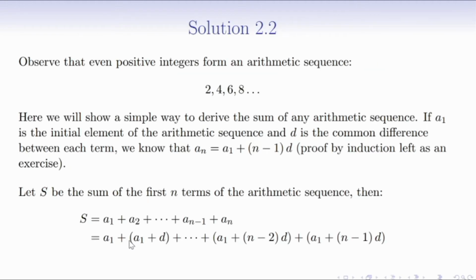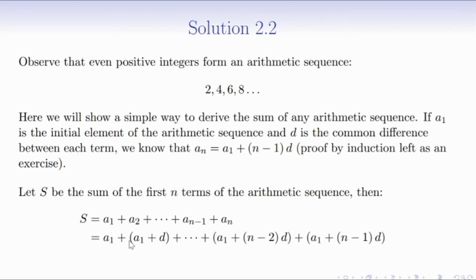So what we did here is first let S be the sum of the first n terms of the arithmetic sequence. Writing out the terms, you get a sub 1 plus a sub 2 plus a sub 3, and so on up to a sub n minus 1 and a sub n.